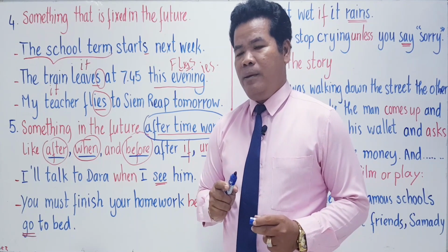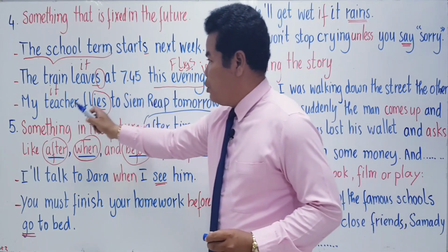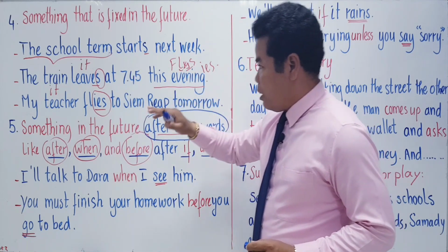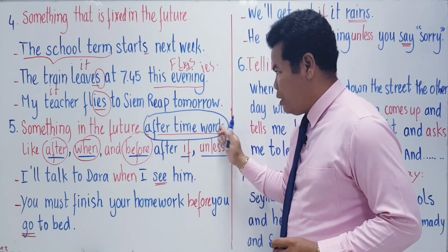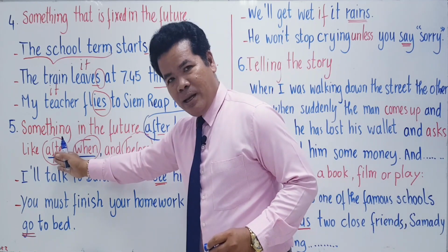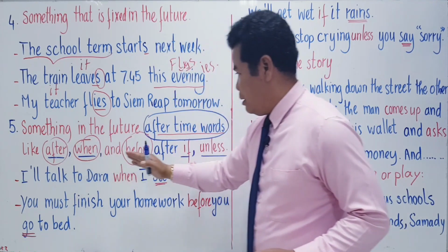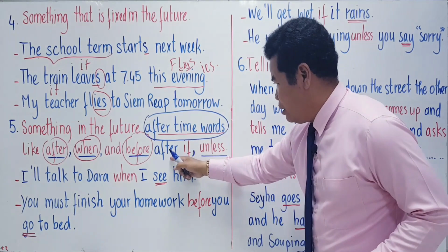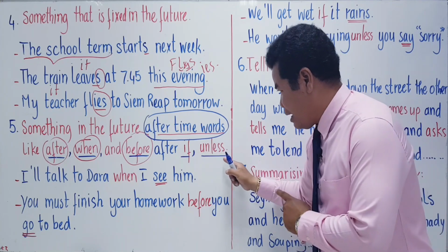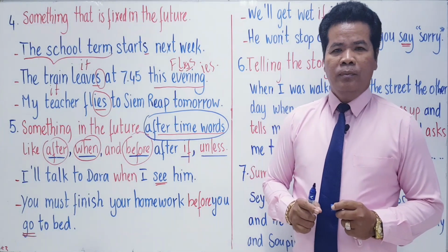Try to remember. Alright? Again, we use present simple tense to talk about something in the future after time words like after, when, and before. And also after if and unless.